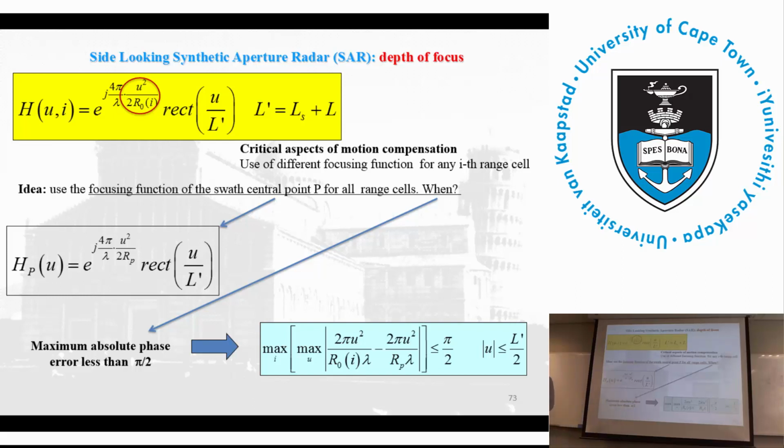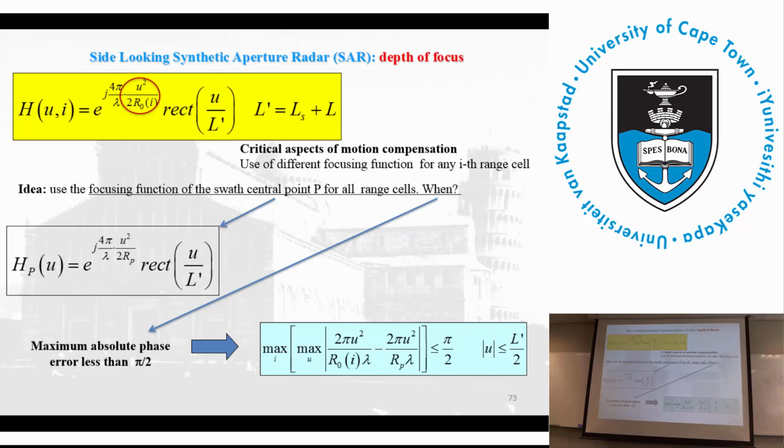So where's the limit? Well, I can pose a limit. I can choose as a limit pi divided by 2. If I want to be more strict, I can choose pi divided by 4. So I pose a limit on my phase rotation, because that phase rotation represents an error that I add to my coherent processing. You remember when I said, once I compensate my motion, that point O has all the phases aligned. So what happens if I don't compensate right? These phases don't align anymore that much.